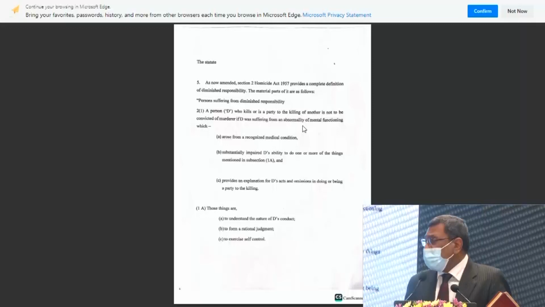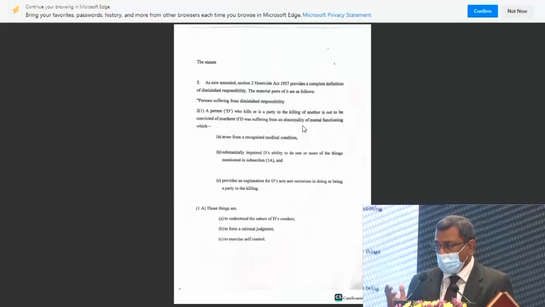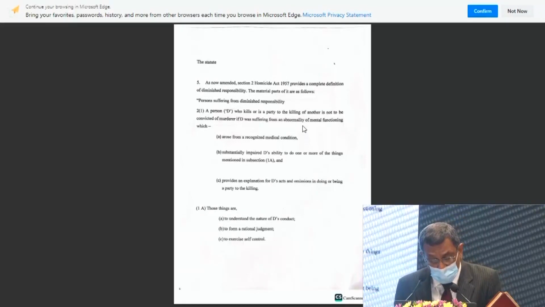The statute, this is the English statute, I'm drawing this from English law. It says, as now amended, Section 2, Homicide Act 1957 provides a complete definition of diminished responsibility. The material parts are as follows. Please go through it with me, because that would make things very clear for you to understand what this law means.